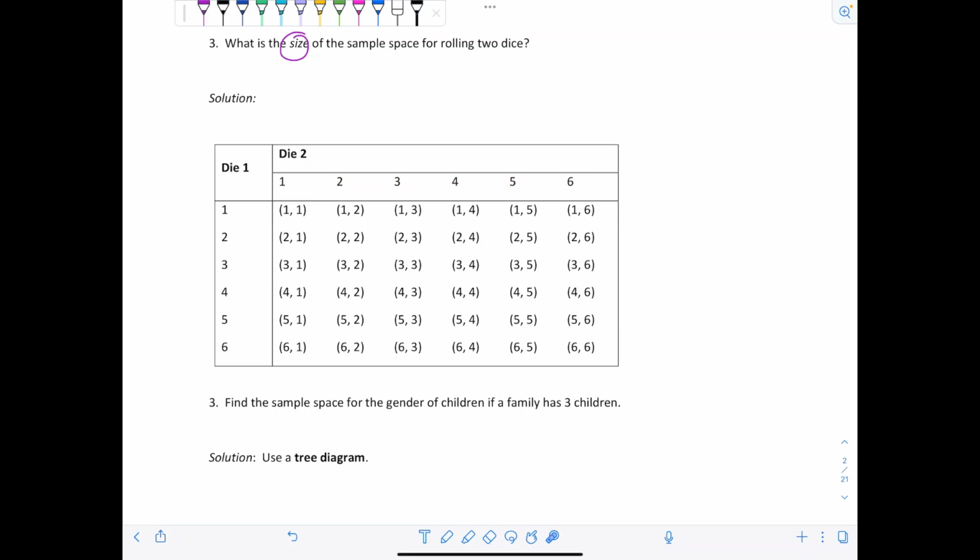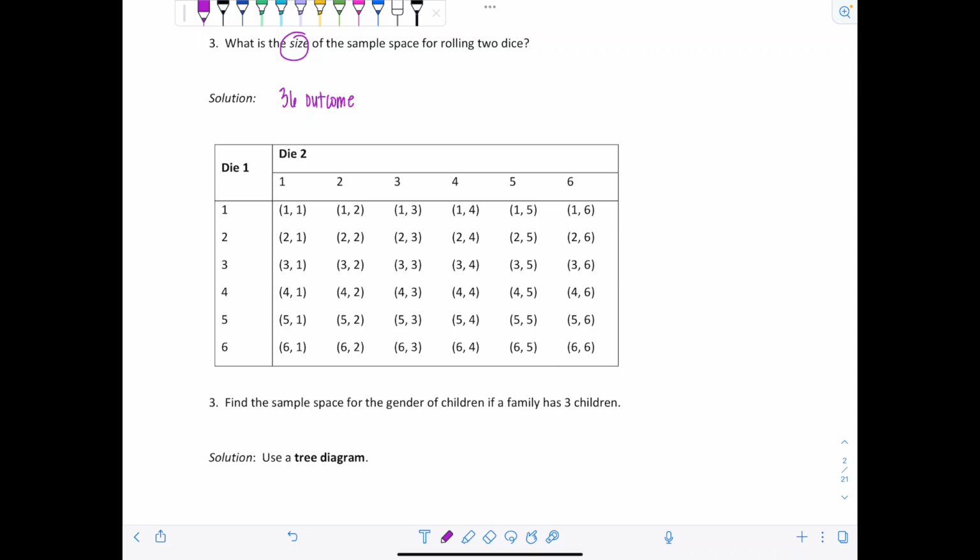And here are all the possible outcomes or combinations that could result from rolling 2 dice. Notice you could get 1 and 1, 2 and 1, 3 and 1, etc., all the way through 6 and 6. So take a second: how many different outcomes comprise the sample space? There's 36, aren't there?